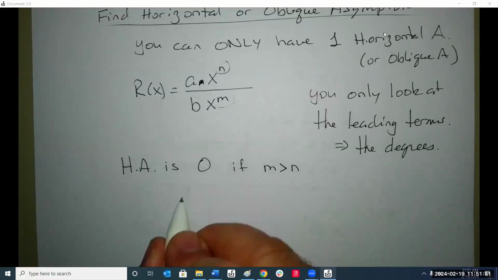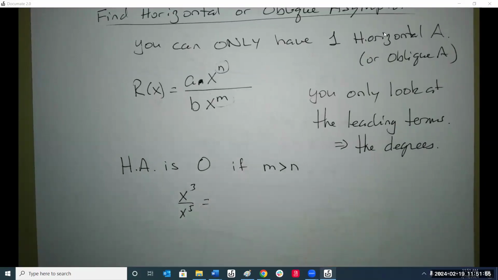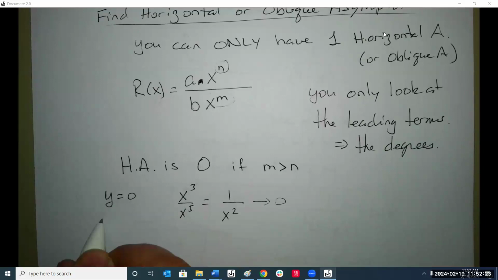Just saying here is, if I had x to the third and x to the fifth, the rest of the equation is zero because this one dictates most of the function. If I simplify those, I have 3 there, I have 5 there, so I take away 3. Now, as x goes to infinity, this number goes to 0. So the horizontal asymptote is 0, meaning the horizontal asymptote is the x-axis.